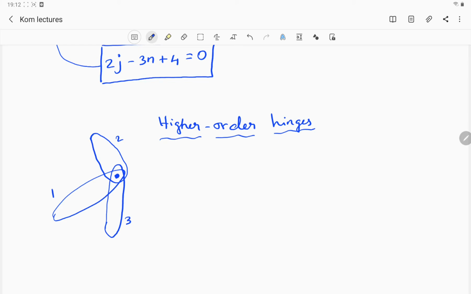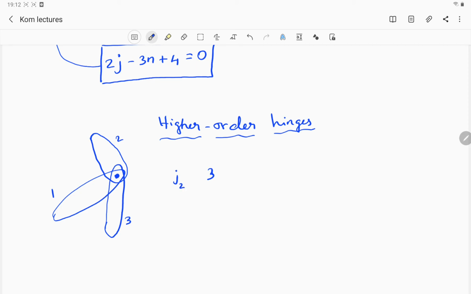Now let's say if a kinematic pair connects 3 links, then we are going to count such 3 links as J2, or a small letter maybe J2.